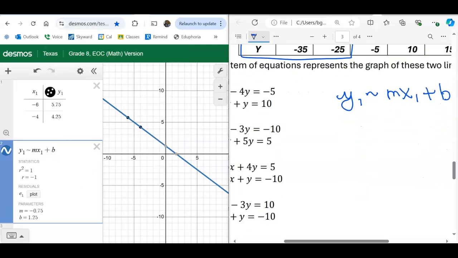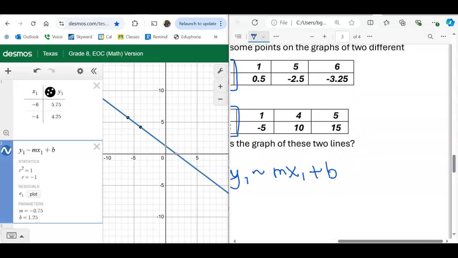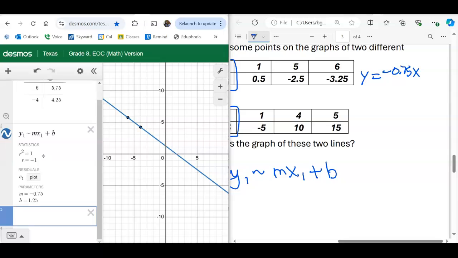So my first equation is going to be y equals negative 0.75x plus 1.25.